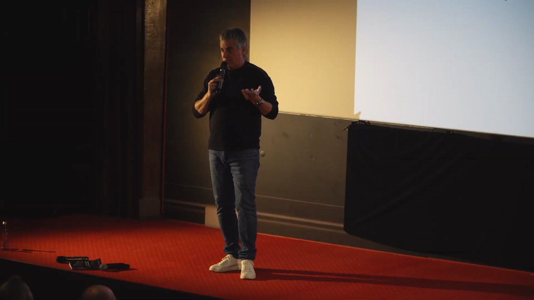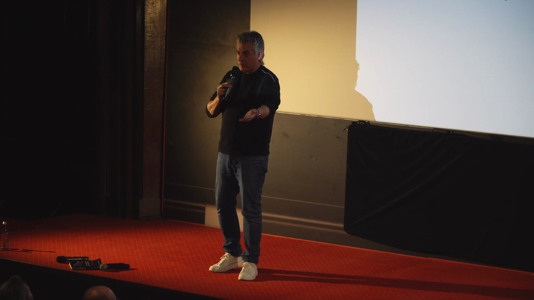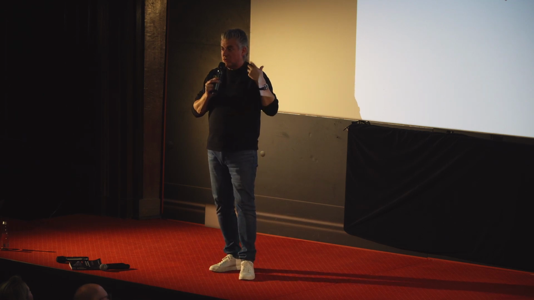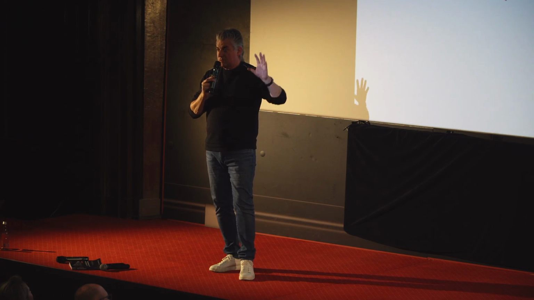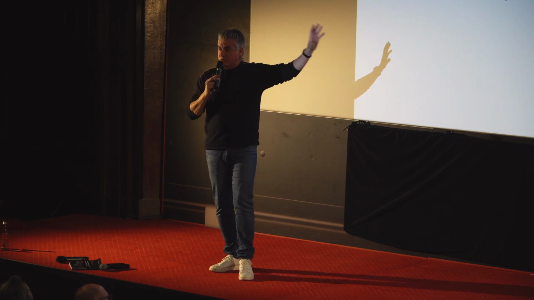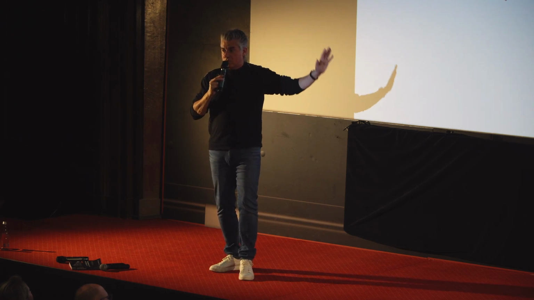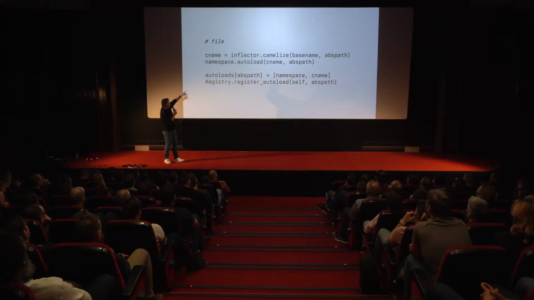So from user.rb, we are going to get User with capital U. From users_controller.rb, we are going to get UsersController in camel case. The inflector gives you this transformation from the file system to the constant name. So that's the first line, the cname, the constant name, which is the name that we expect this file to define.